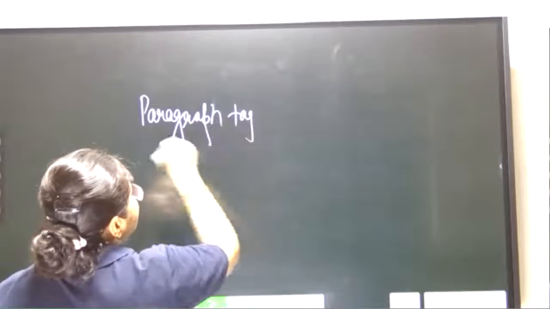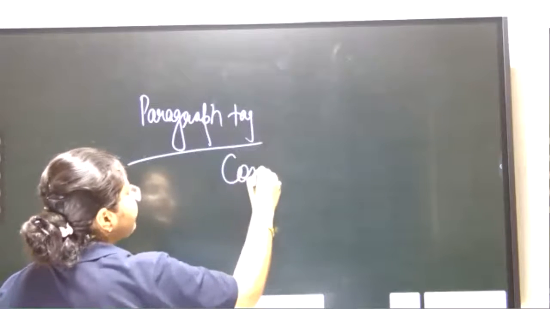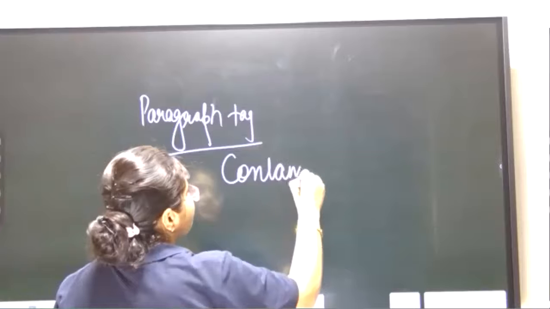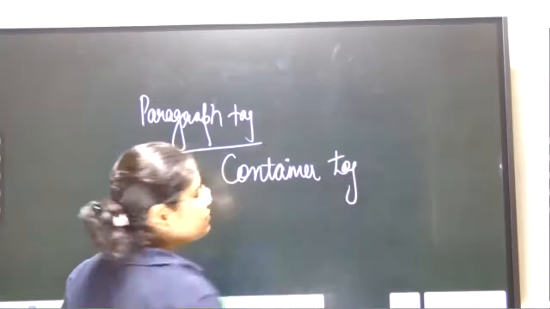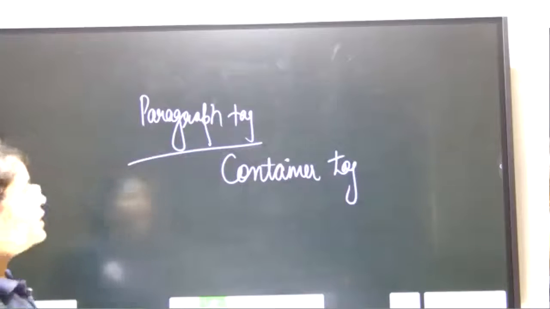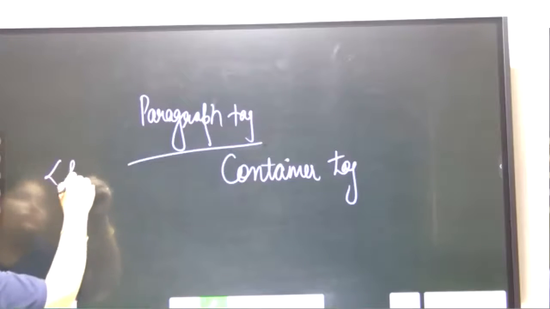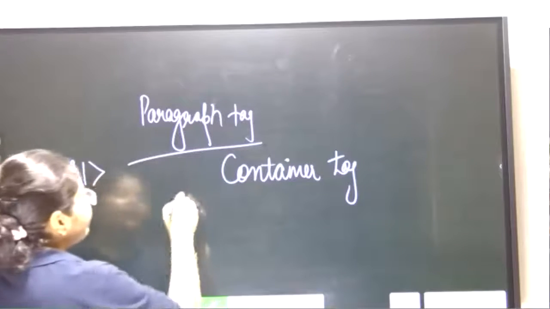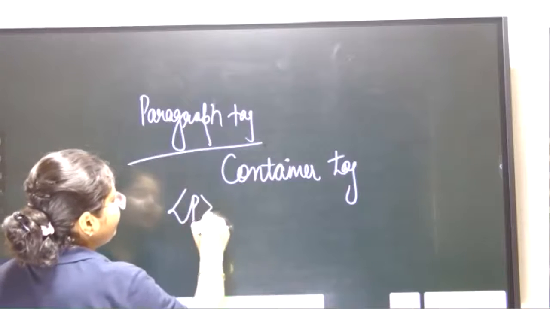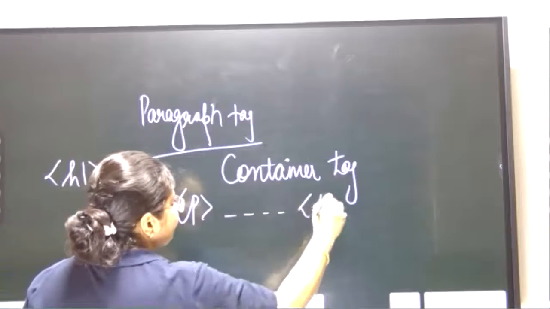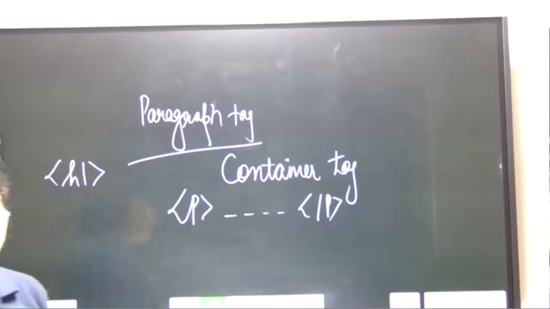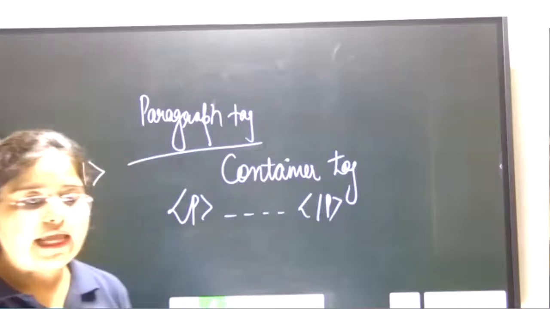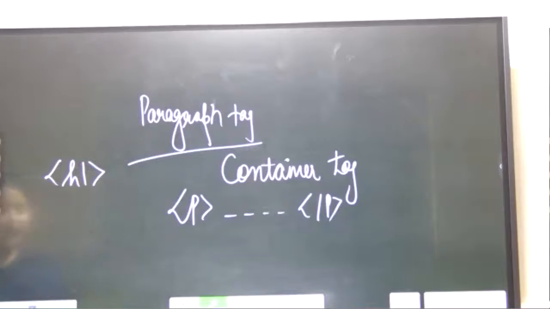So this is also an example of container tag because this is having opening bracket as well as closing bracket. Okay, for heading tag we were using H1 or H6. For paragraph we will use P और यहाँ पे अपना content and then close with P tag. Is it clear? So this is the basic syntax for paragraph tag.